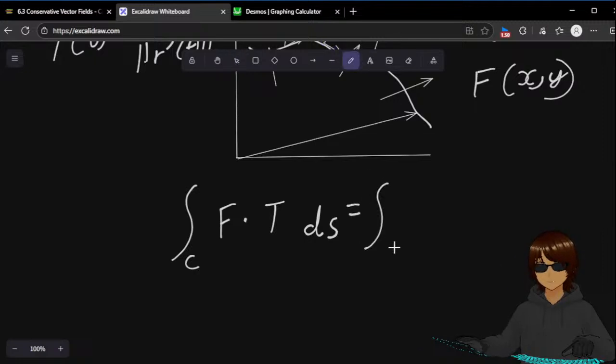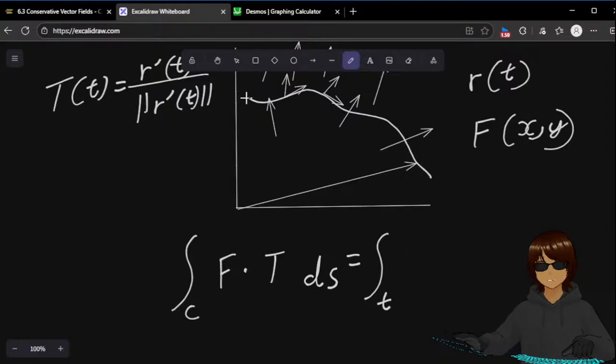This is equal to, let's say r(t), this over here. It goes in this direction. This is t equal to a. It starts here, and then t equal to b, it ends here. So we have a, b.